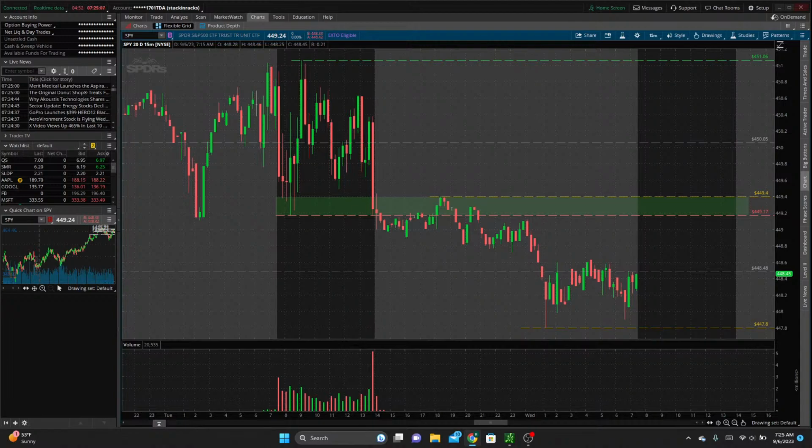What platform is this? This is TD Ameritrade's Thinkorswim platform. I don't have any videos on this platform or how to use it or set it up. I could make something like that in the future. But there are a few videos out on YouTube. If you just type in Thinkorswim, it's free to download.